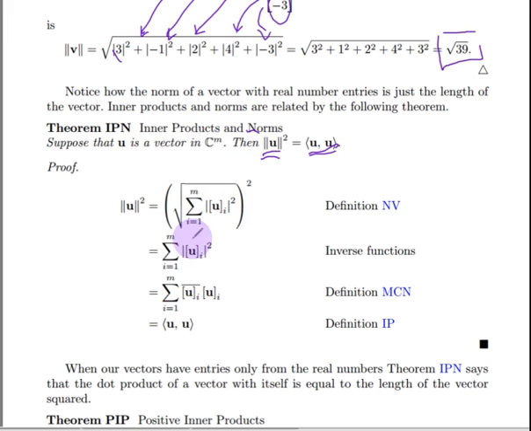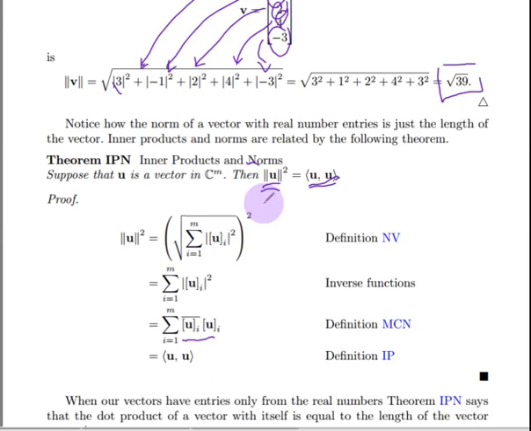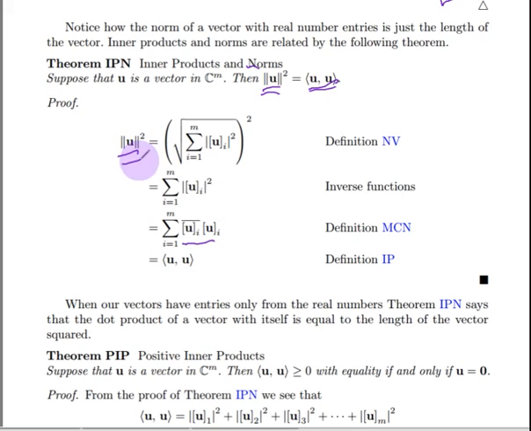If you square that, you get the sum of the squares of the components. But as we had up here, this is just using the same fact that I mentioned, that the absolute value of a complex number squared is equal to the complex number times its complex conjugate. So we have this relationship between the norm squared and the inner product of u with itself.